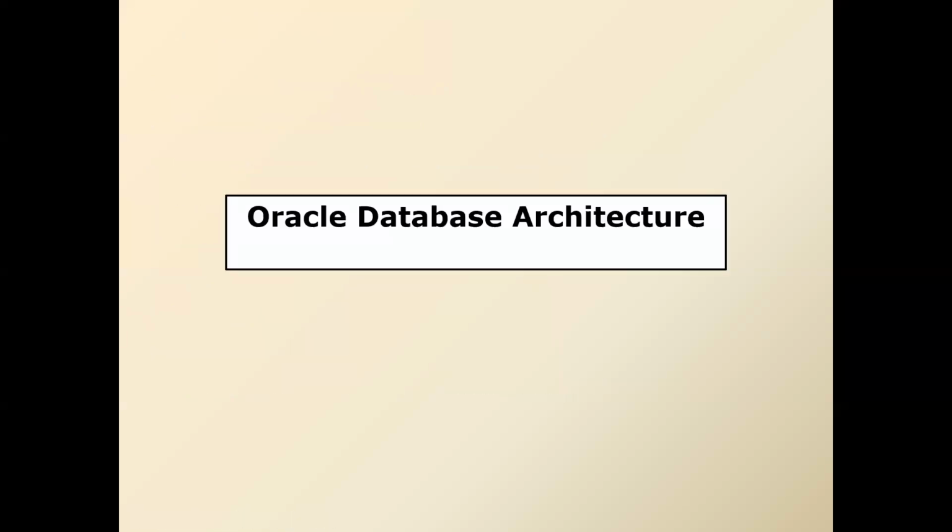Before we commence with Oracle Goldengate, let us discuss Oracle database architecture. Remember one thing, Goldengate is a product which is integrated with Oracle database. Goldengate requires a database. I should not say only Oracle database, because Goldengate works with heterogeneous databases as well.